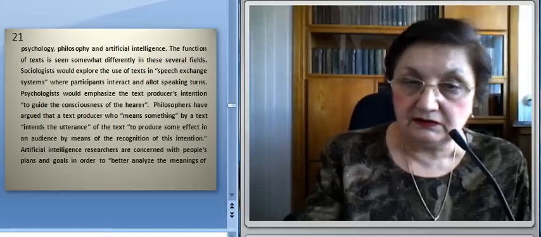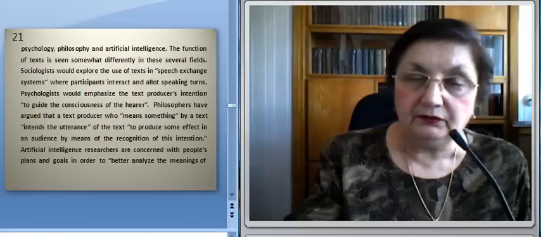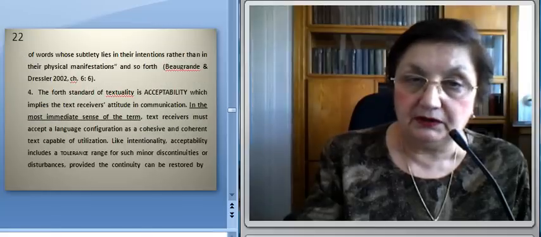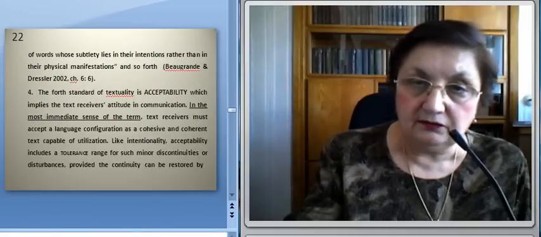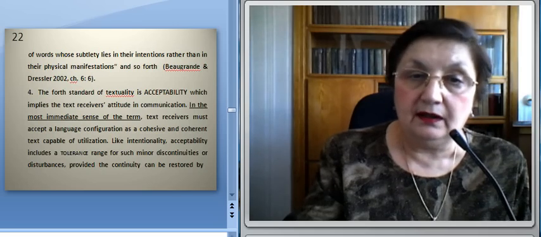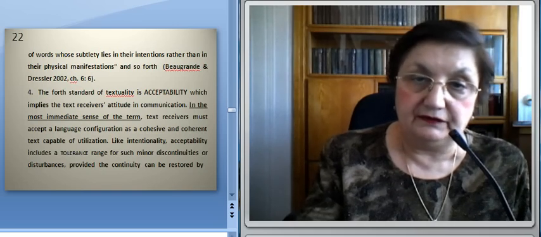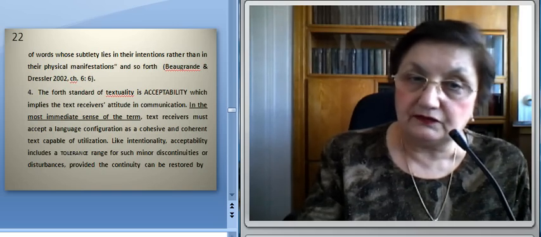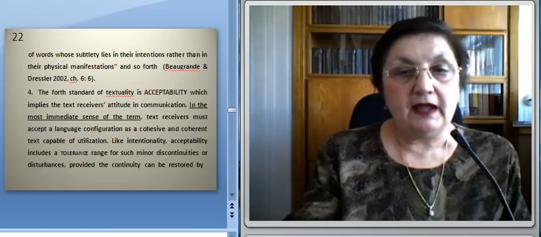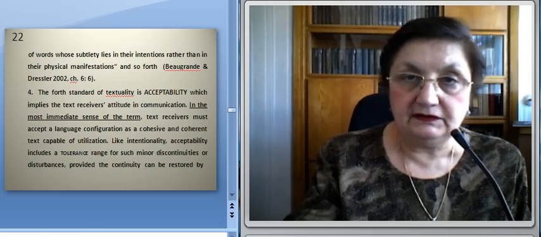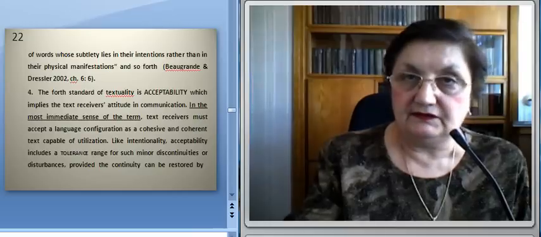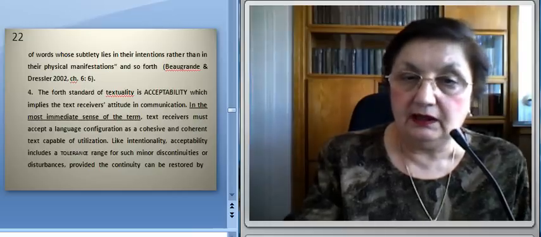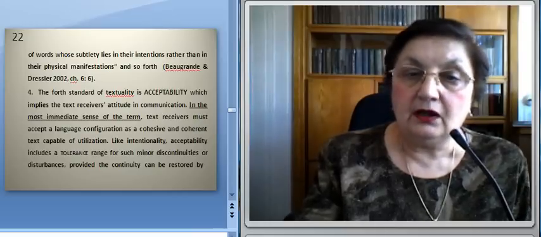The fourth standard of textuality is acceptability, which implies the text receiver's attitude in communication. In the most immediate sense of the term, text receivers must accept a language configuration as a cohesive and coherent text capable of utilization.